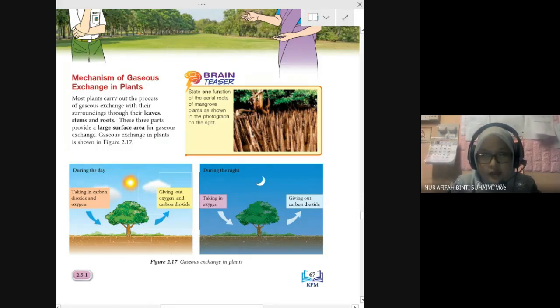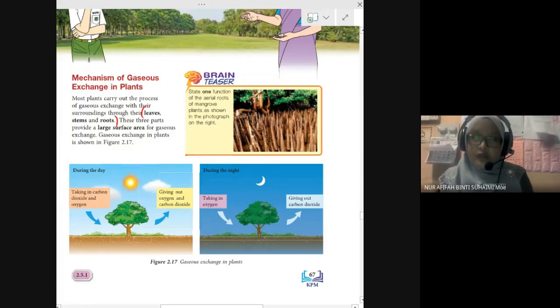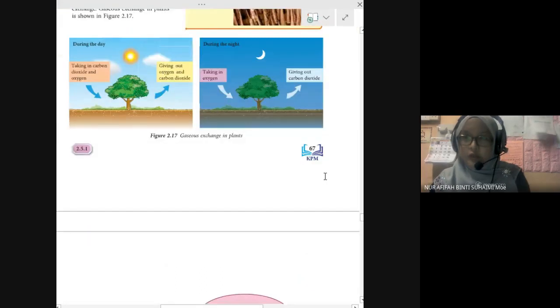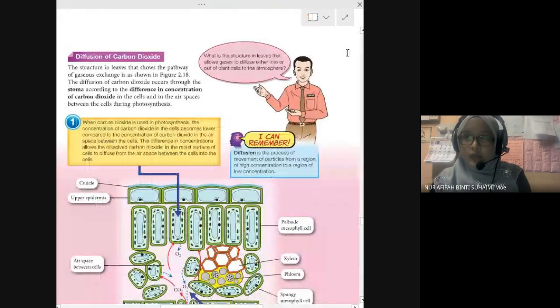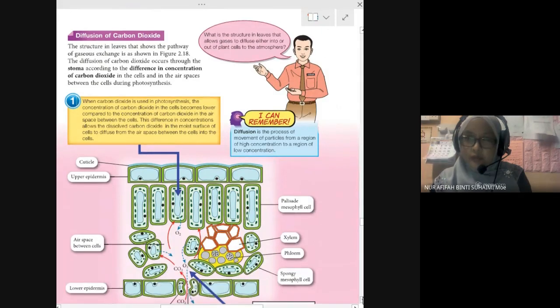So the whole part of the plant is involved in respiration. These three parts provide a large surface area for gases exchange. Kalau manusia ada paru-paru sahaja. But our lung got many alveoli, millions of alveoli. Diffusion of carbon dioxide in plant.